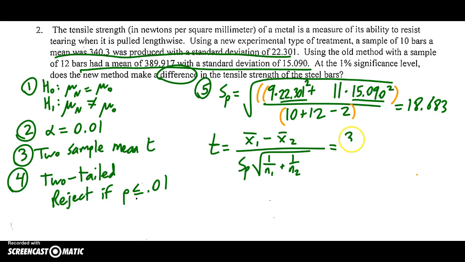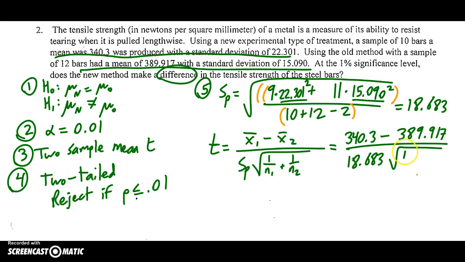It was 340.3 minus the old one, which is 389.917, over our pooled standard deviation, 18.683, times the square root of 1 over, our first sample was 10, our second sample was 12. Okay, so again, here's where we get into a little bit of trouble with parentheses. Make sure you have parentheses in the appropriate spots.